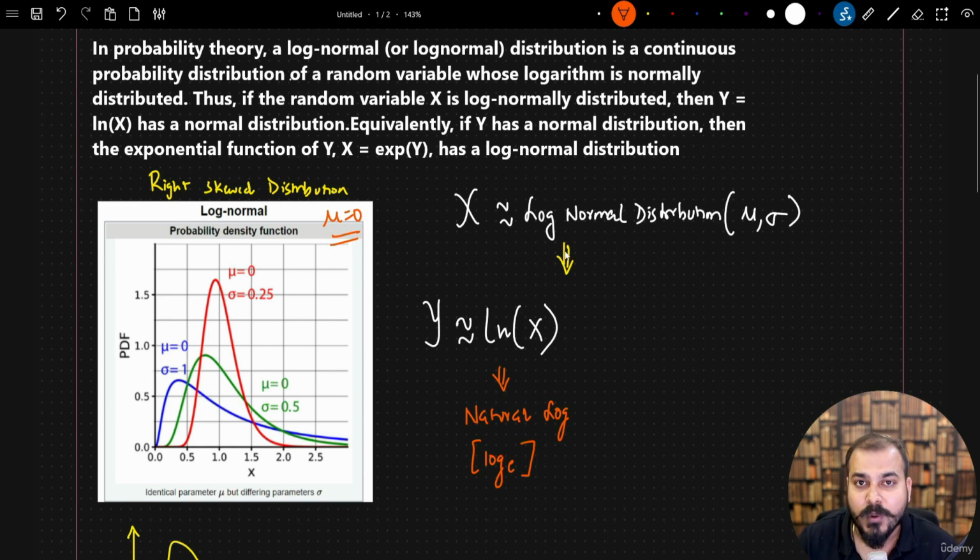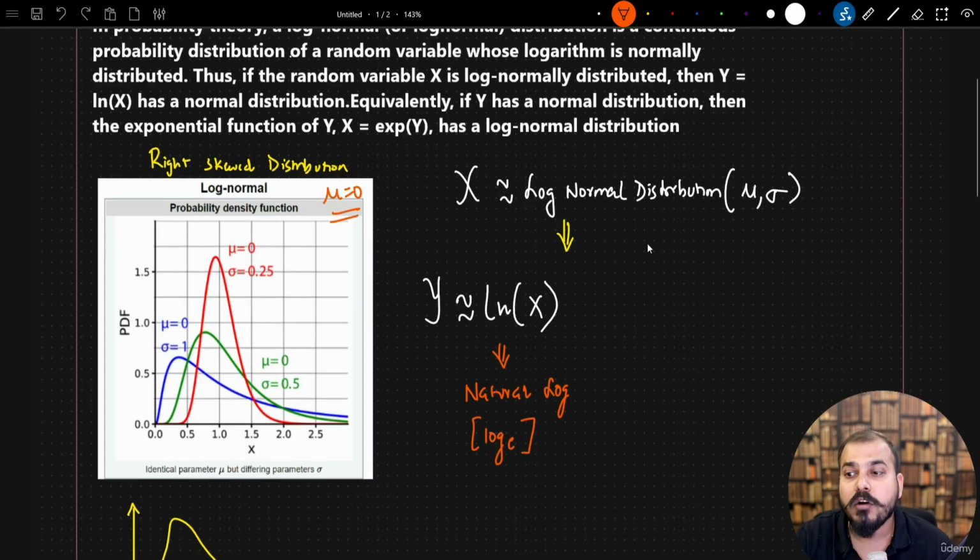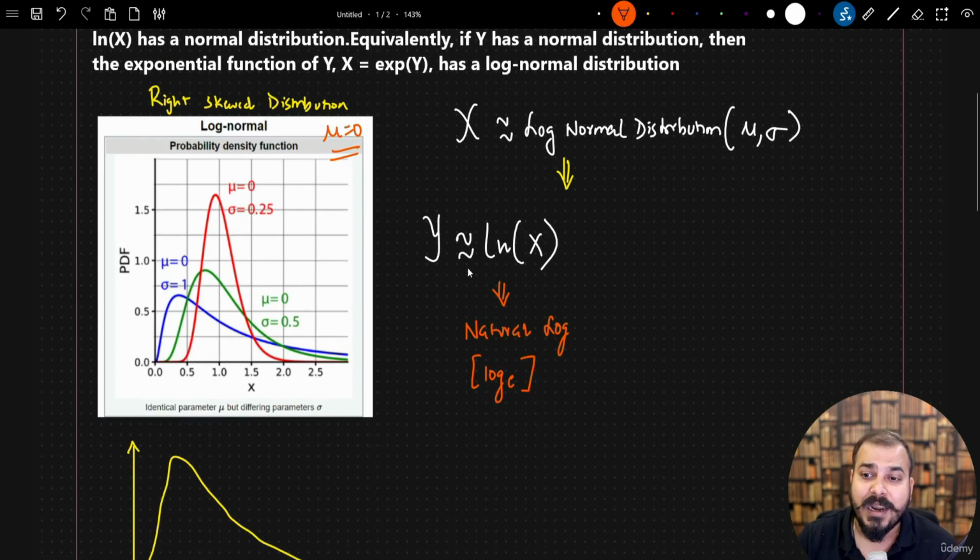So over here, what we are doing is that if I have a random variable which belongs to a log normal distribution, and I create a random variable y by applying the formula log of x, then in this random variable, all the values have the natural log applied. This variable y, which is a random variable, will belong to a normal distribution.